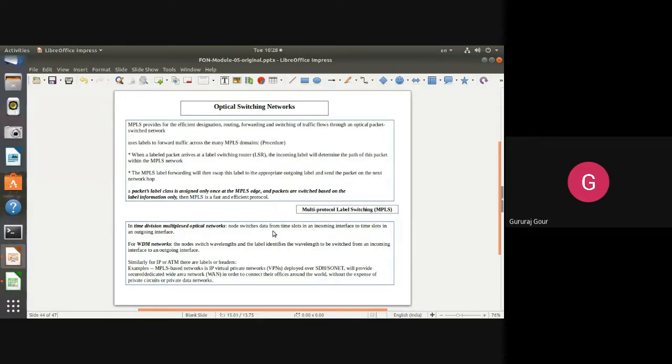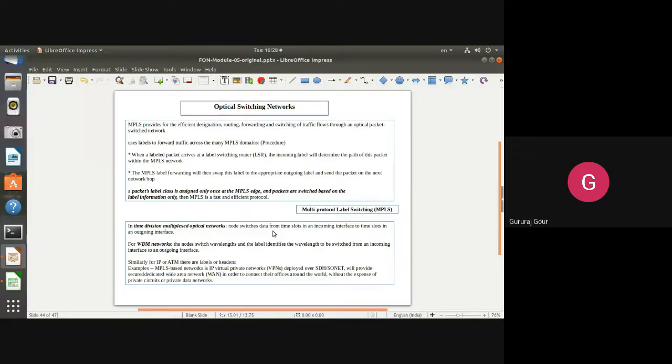Whereas if you apply MPLS over WDM networks, then labels are concerned with switching the incoming wavelengths to the outgoing wavelengths.